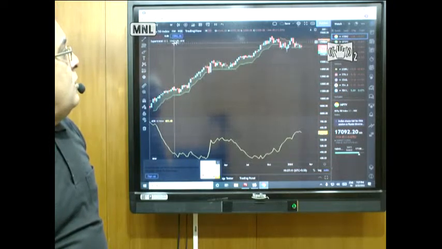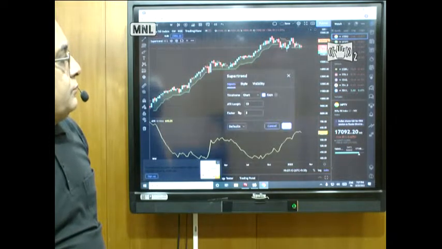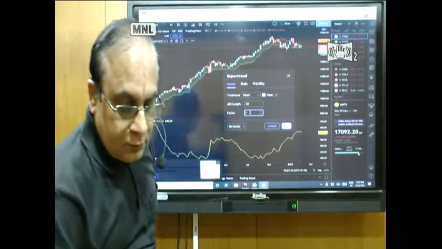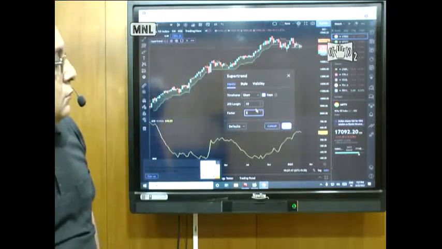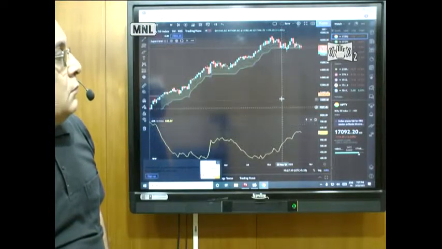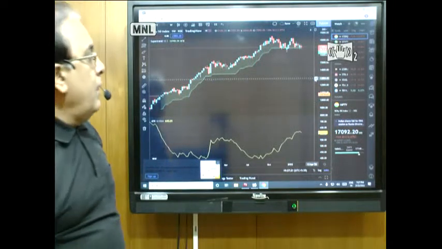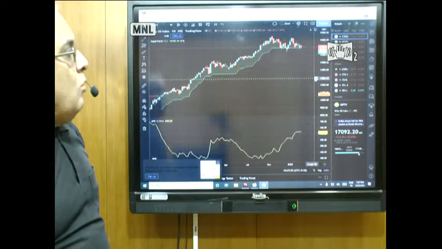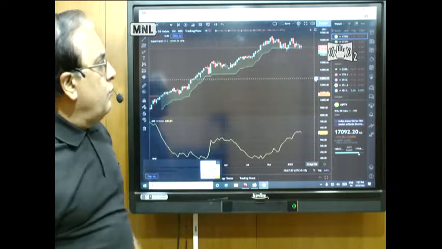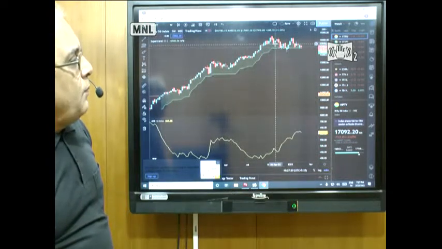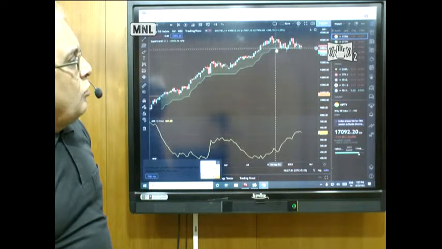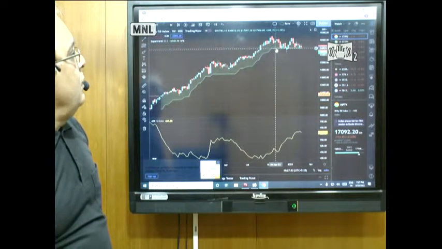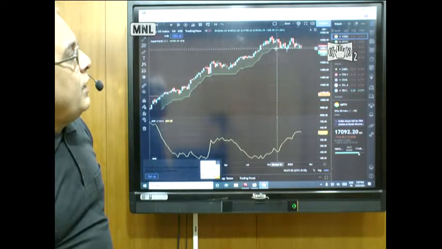Now let's look at the 10-3 super trend in a weekly chart. So this is the 10-3 on a weekly chart. Now if you see, once it broke this particular place, you know that the support on a close basis will come at this place, which is the 16,910.